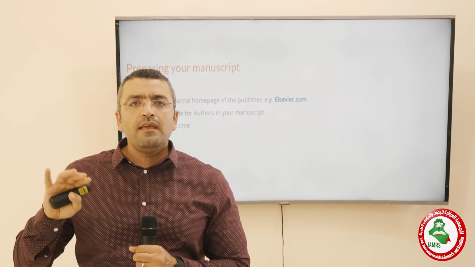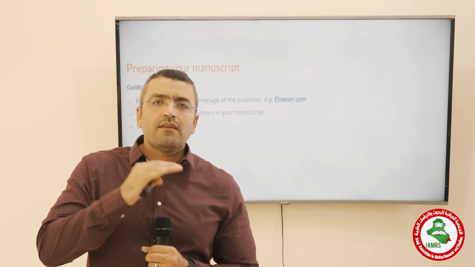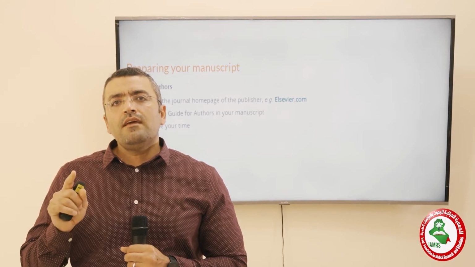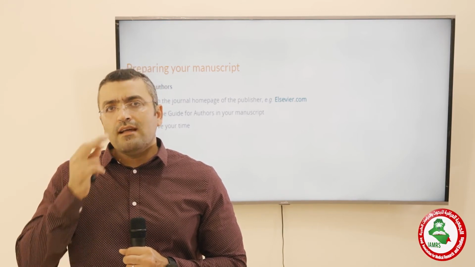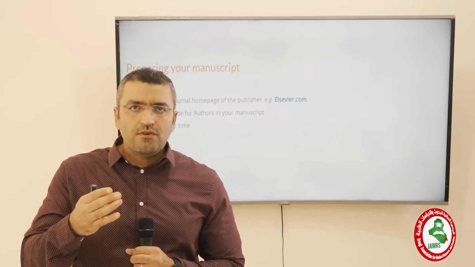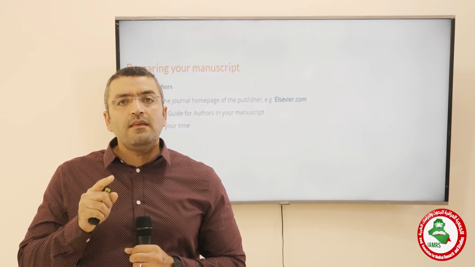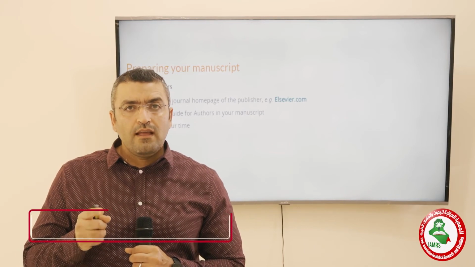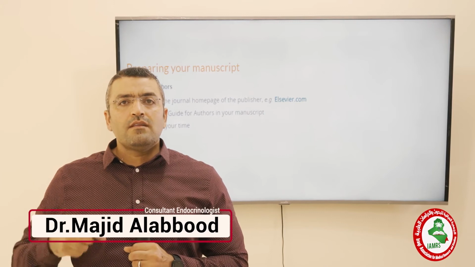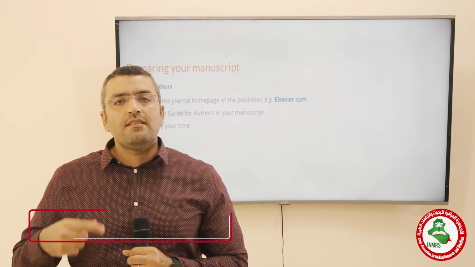Try to format your paper according to the instructions by the journal. If you don't do that, then you might waste your time. Why is that? Because when you submit your paper without reading the instructions for authors, it will be reviewed by the editorial board, and they might send it back to you for making corrections, and this is time consuming.